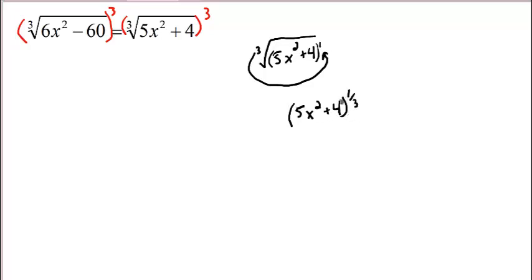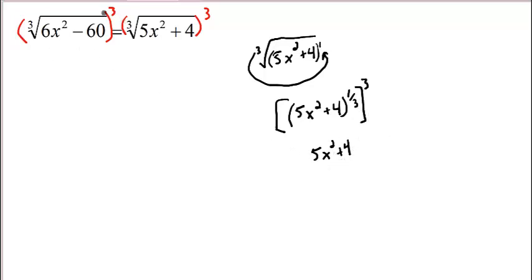And to cancel out that 1/3 power, we cube it, because when we raise a power to another power, we multiply. So we're going to get 5x squared plus 4 to the 3/3, which is just going to be 1, so we'd write this as is.